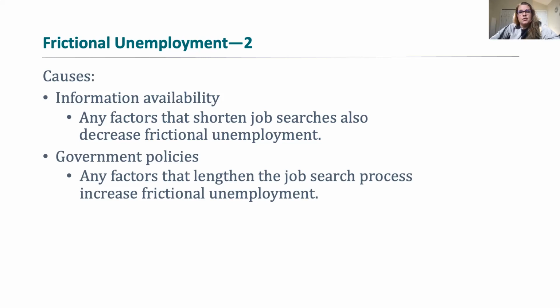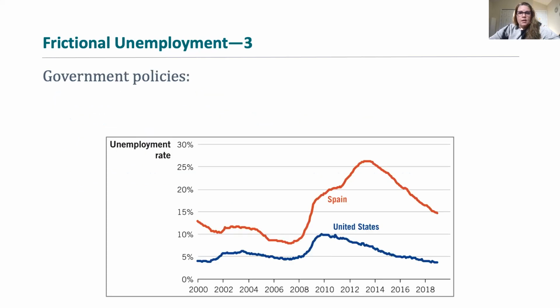Government policies can also generate positive and negative incentives that affect both employees and employers. So specifically, we're looking at unemployment benefits provided by the government. This factors into the length of time that people will take seeking a new job, because they can be carried over by unemployment benefits. Here's an example of the difference in government policies.